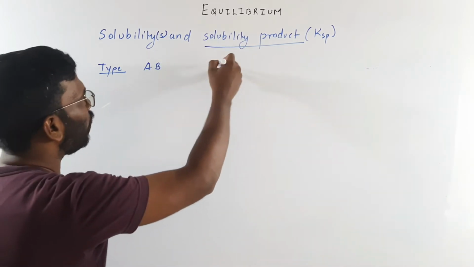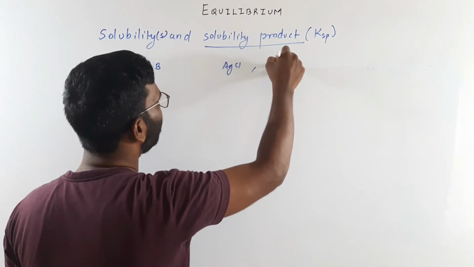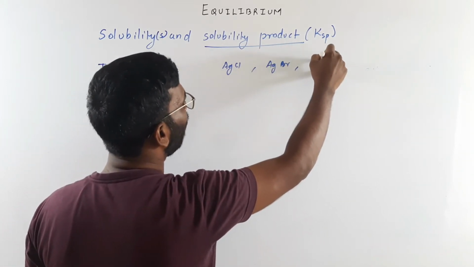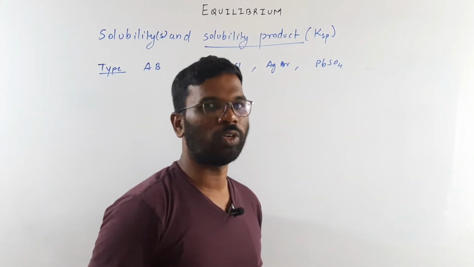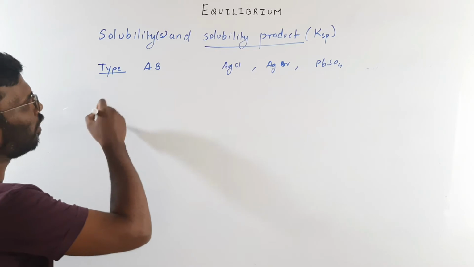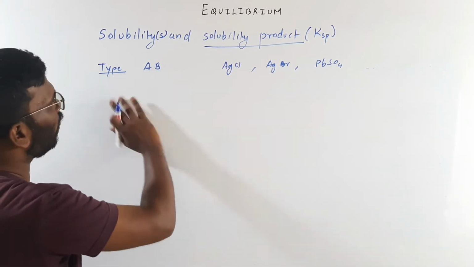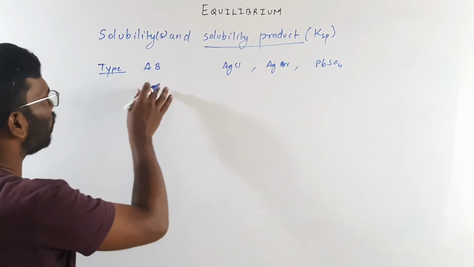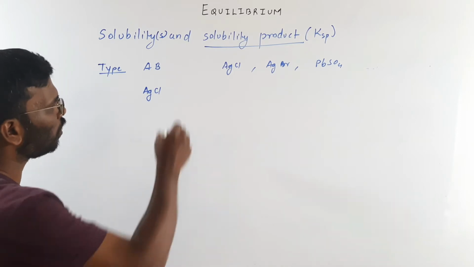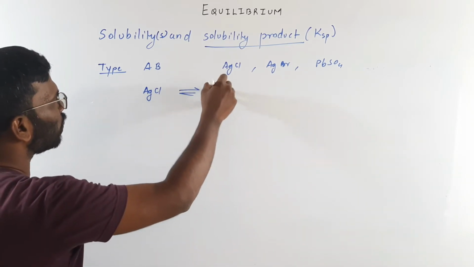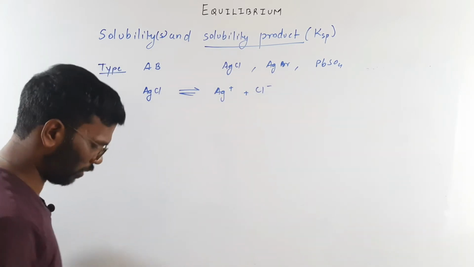AB includes AgCl or AgBr or lead sulfate. What is the relationship between the solubility and the solubility product? Let's take an AgCl salt, or I will just write 1:1, it is AB. So let's take this AgCl. It is going to split as Ag+ and Cl-, right?